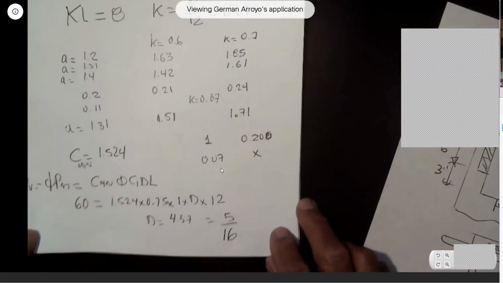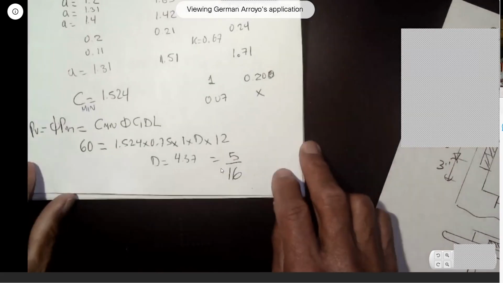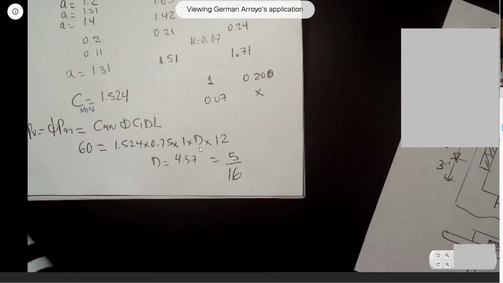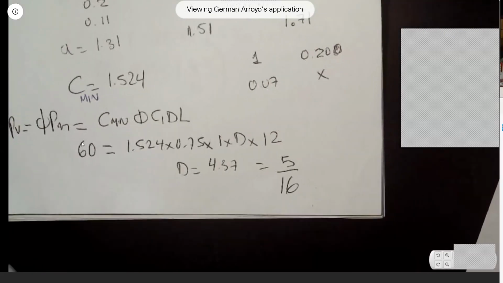If you read in the code, this D is the size of the well in 16ths. So the only unknown in this equation is D. It came out 4.37, in 16ths. We have to go to 5/16.